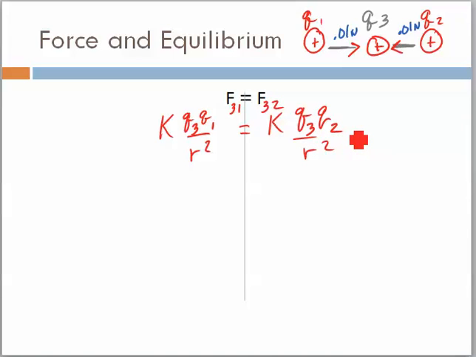What I want you to understand is that a lot of times there are going to be things that cancel out. For example, Coulomb's constant is the same on both sides, so it's going to cancel out. If you have a charge that's the same on both sides and you're not trying to find it, then it'll cancel out. So in this case, Q3 is canceling out.